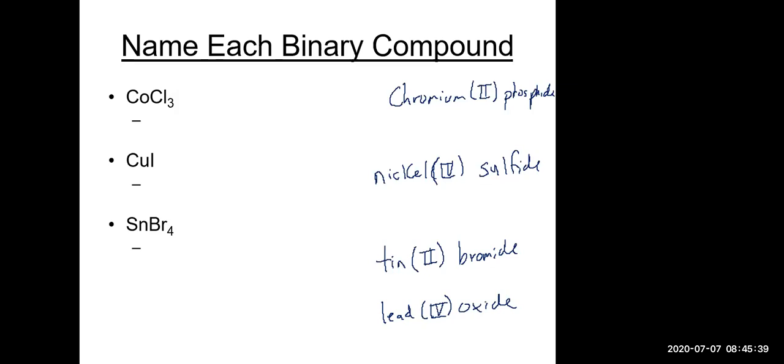All right, so I want to see the names on the formulas on those on the right: chromium 2 phosphide, nickel 4 sulfide, tin 2 bromide, and lead 4 oxide.